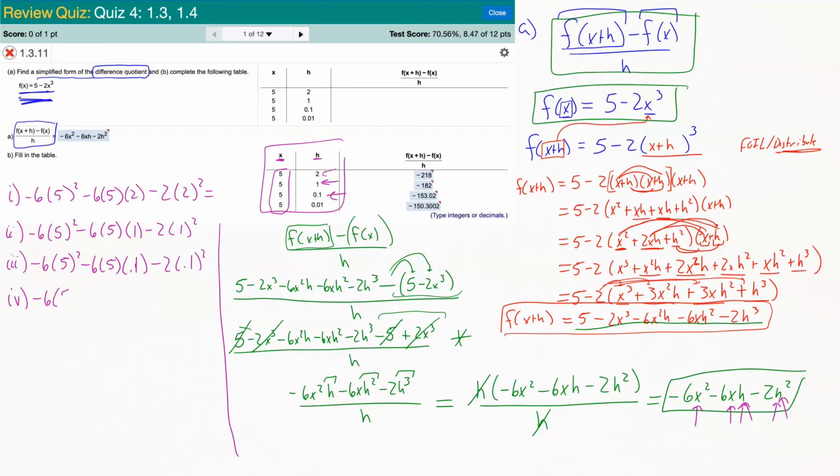So negative 6 times 5 squared minus 6 times 5, and then changing that out, that'll be 0.01, and then minus 2, and then times 0.01 squared.